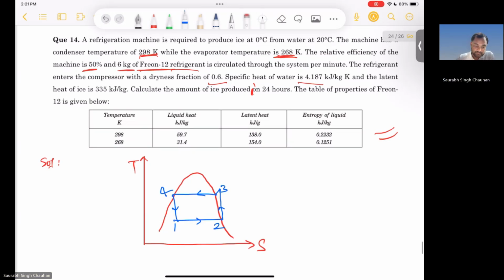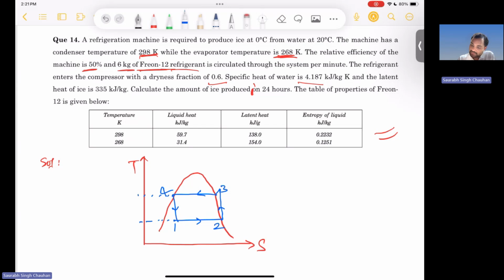Okay, so temperature at point 2 is given. Temperature at point 3, where is the temperature given?